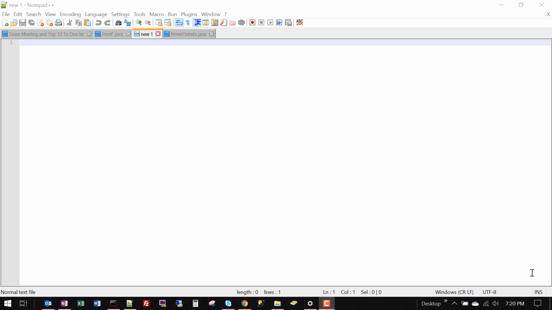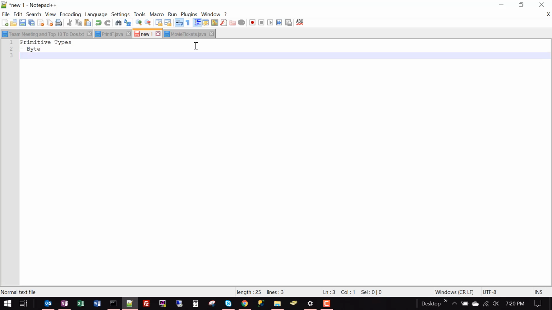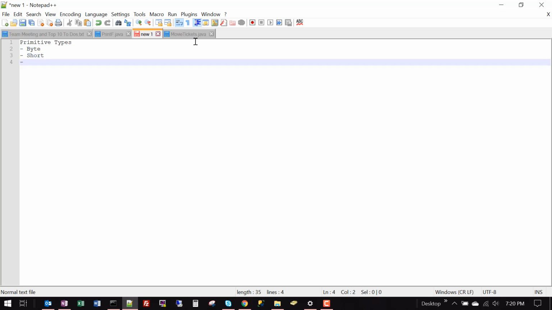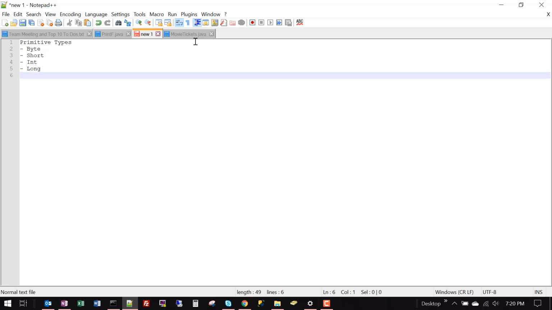So as I said, strings are not a primitive type. If you remember from an earlier lecture, we have a set of primitive types in Java, which include our byte, or 8-bit integers, our short, 16-bit integers, our int, 32-bit integers, and our long 64-bit integers.